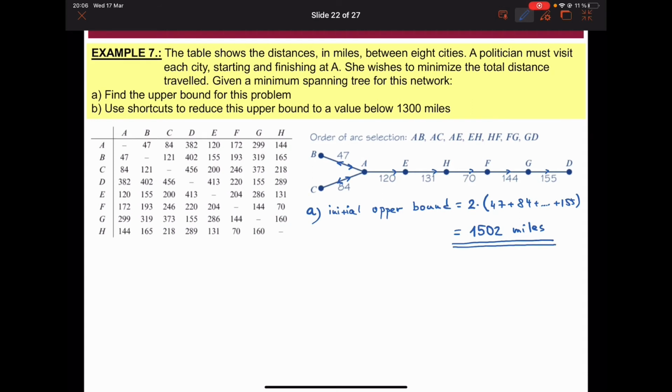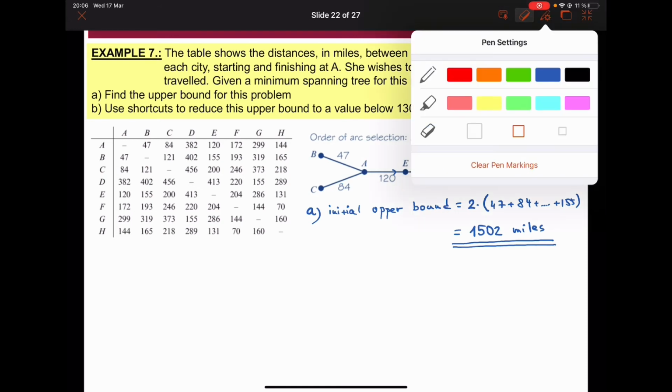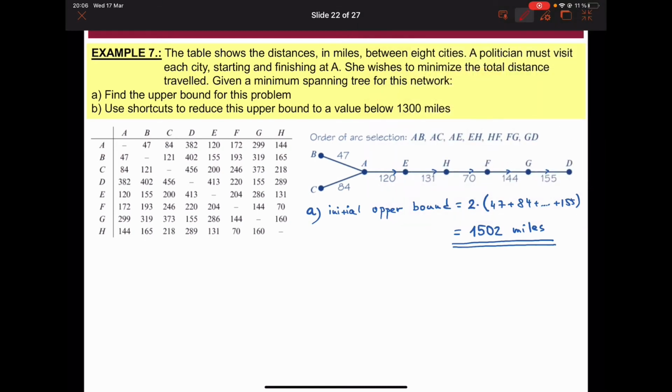Now, what I want to do is to see if I cannot somehow improve it. And of course, you can notice something. If I start at A and I go all the way to D, you can check in the table that from D to A, I can go directly, right?